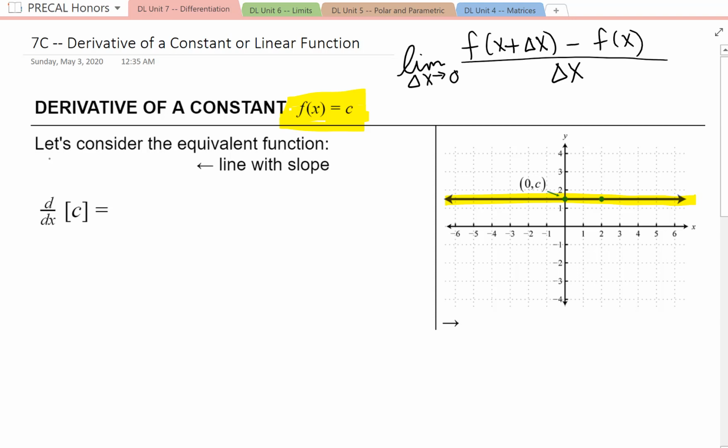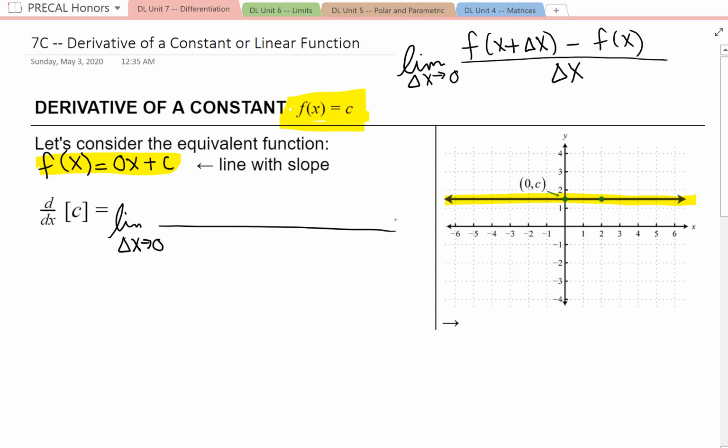You can also think of it as a function with no slope, or zero slope. So instead of mx plus b, it would be 0x plus c, our constant. These are equivalent functions.